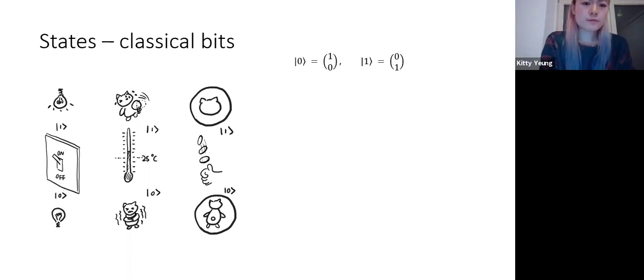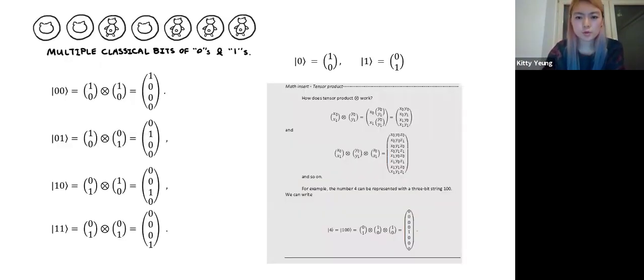All these metaphors that I chose are conveniently binary. Mathematically, we can also write it out as vectors. In the two-dimensional space, there are only two possible ways to represent the classical bits 0 and 1. For 0 we can write 1, 0, and for 1 we write 0, 1. There are only these two possibilities for a basis of 2.